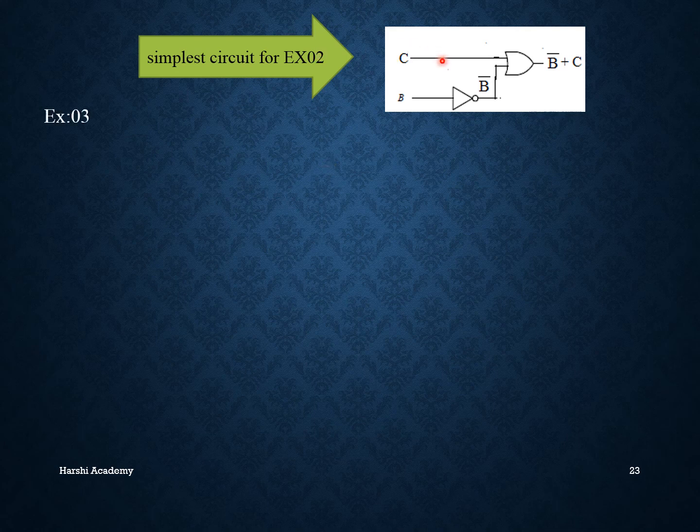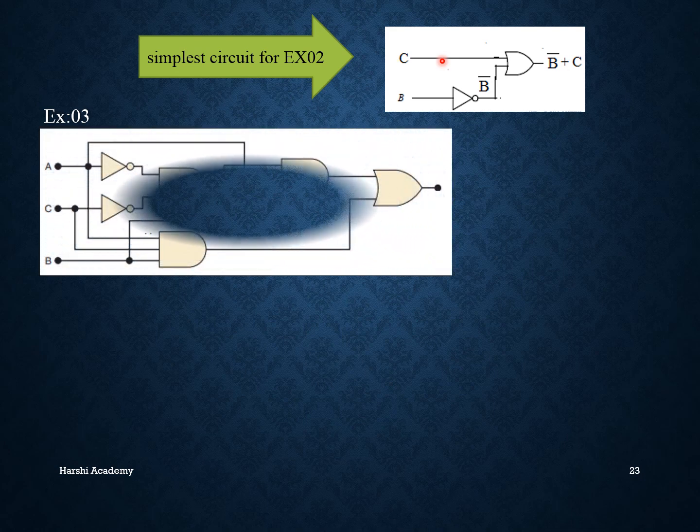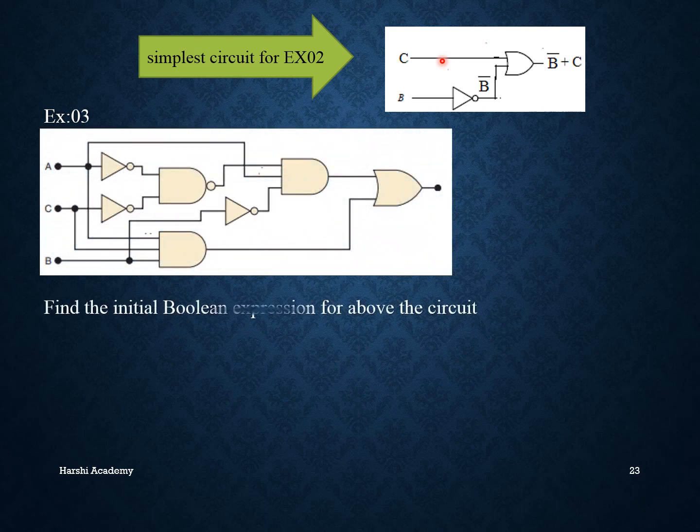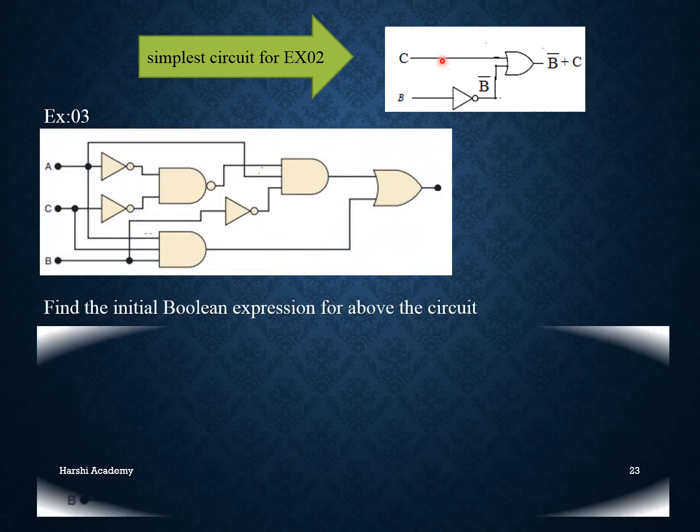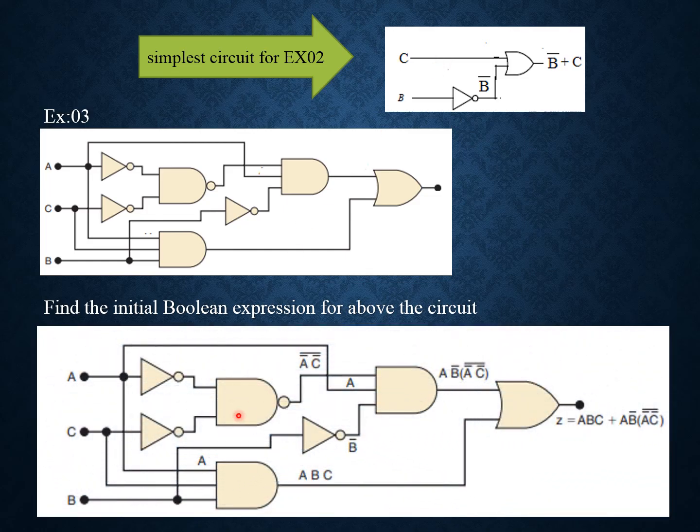Let's see another example. Find the initial Boolean expression for the above circuit. Now A, output A bar, C, C bar. Now the output of the NAND gate equals A bar dot C bar bar. This is a 3 input AND gate.